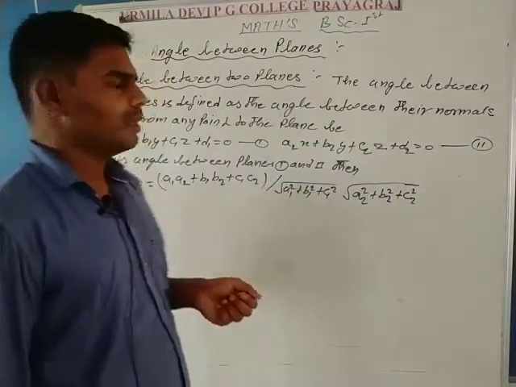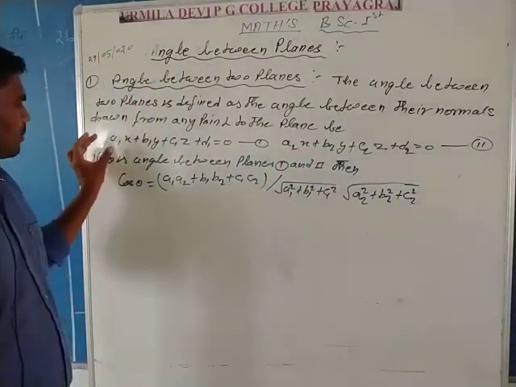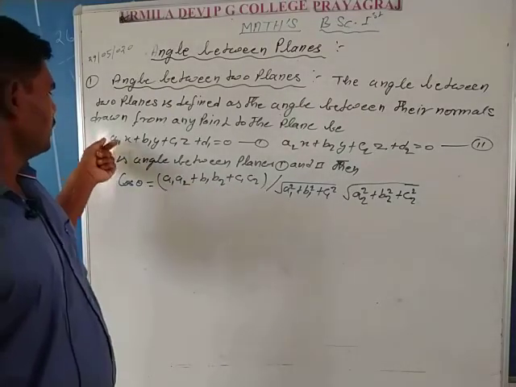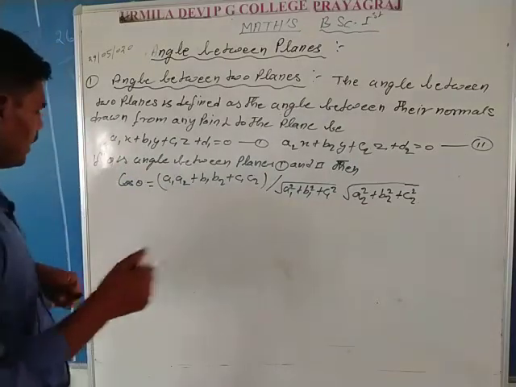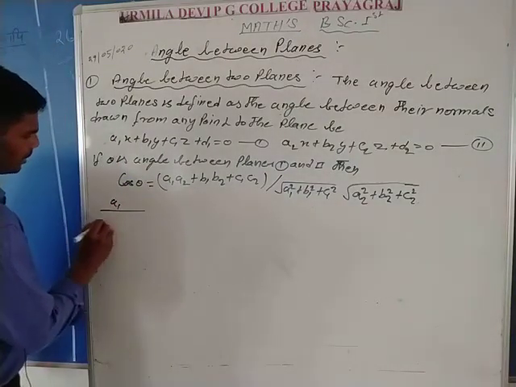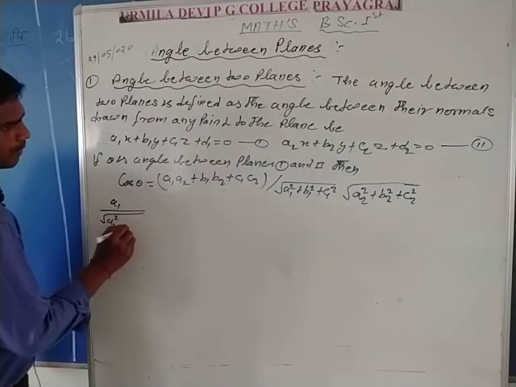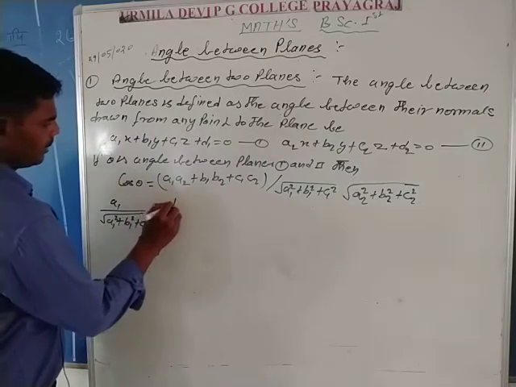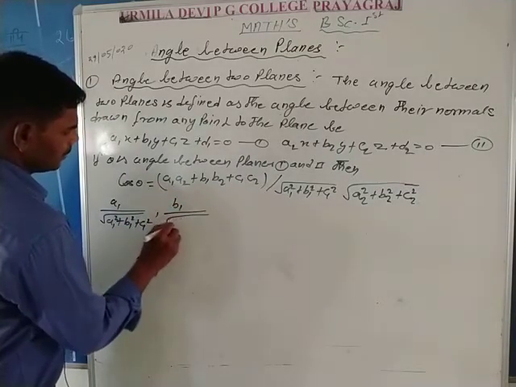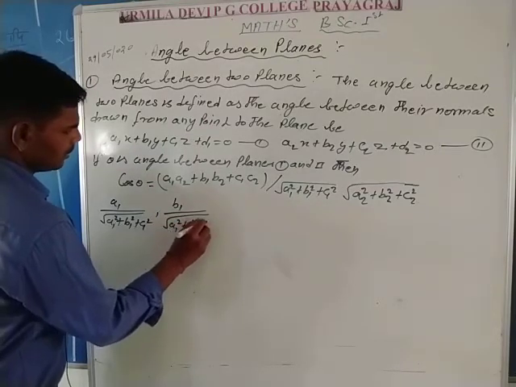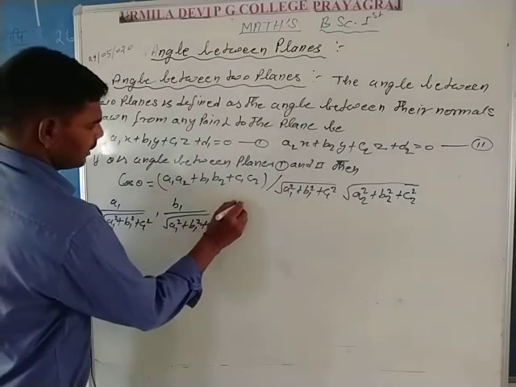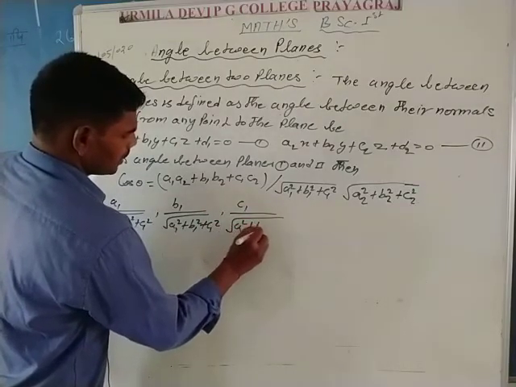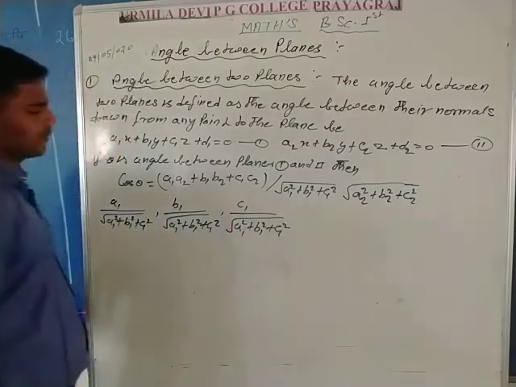So the normal of the first plane has direction cosines a1 divided by under root a1 square plus b1 square plus c1 square, and b1 divided by under root a1 square plus b1 square plus c1 square, and c1 divided by under root a1 square plus b1 square plus c1 square.